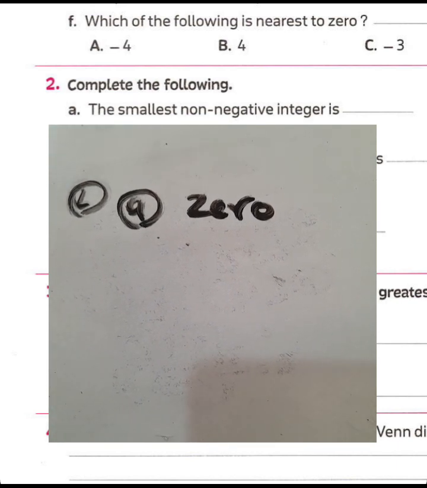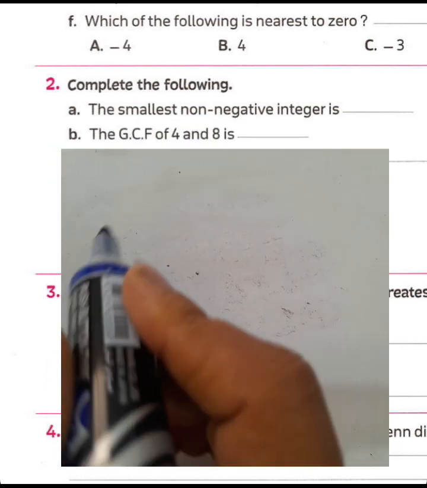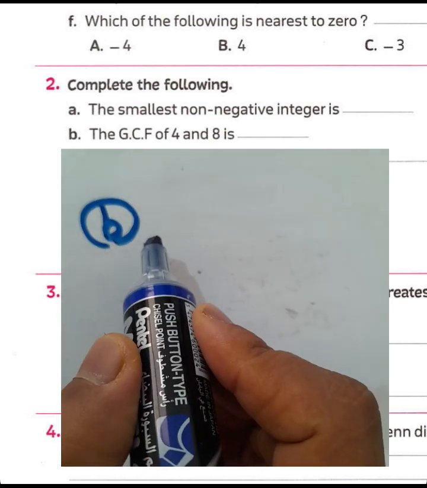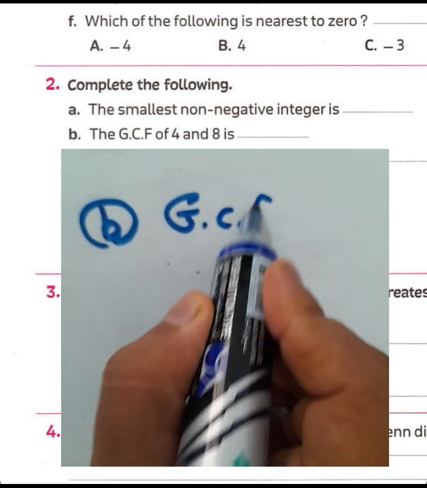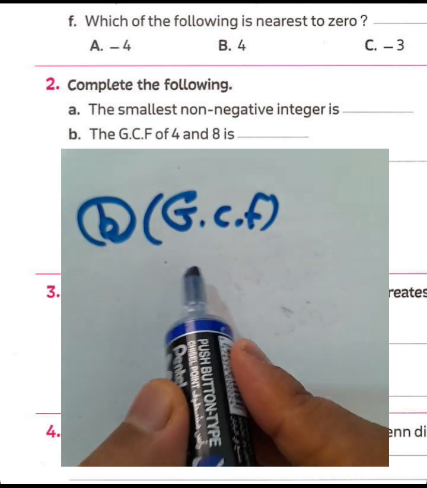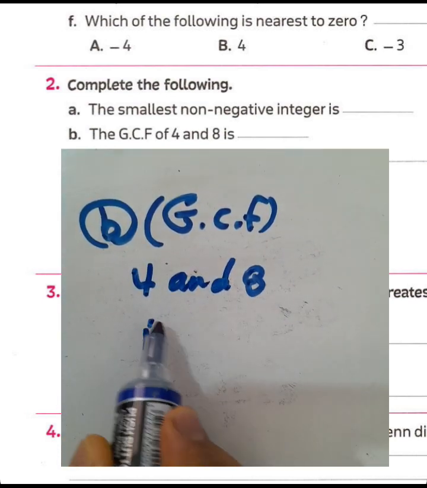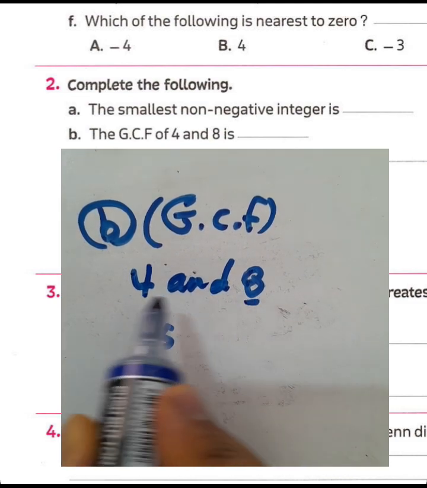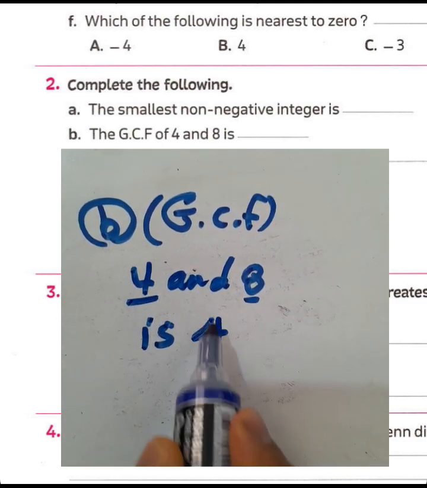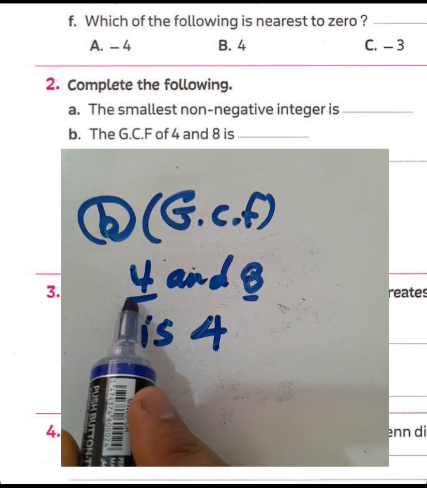Okay, question letter B, the greatest common factor of 4 and 8 is what? We know 8 can be divided by 4. Then 4 is the greatest common factor between 4 and 8.